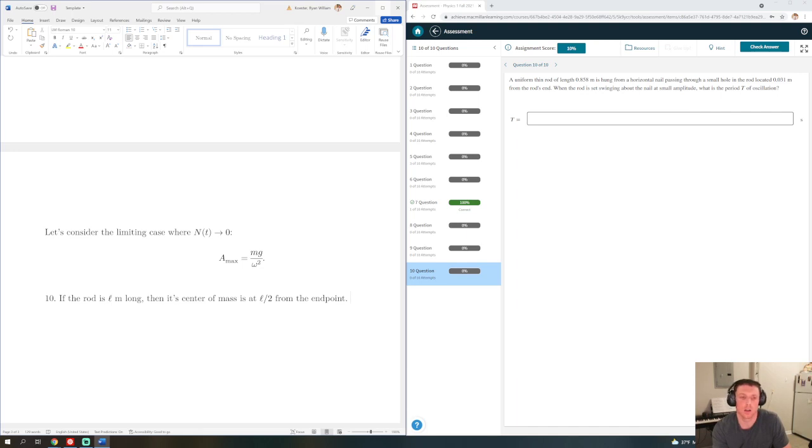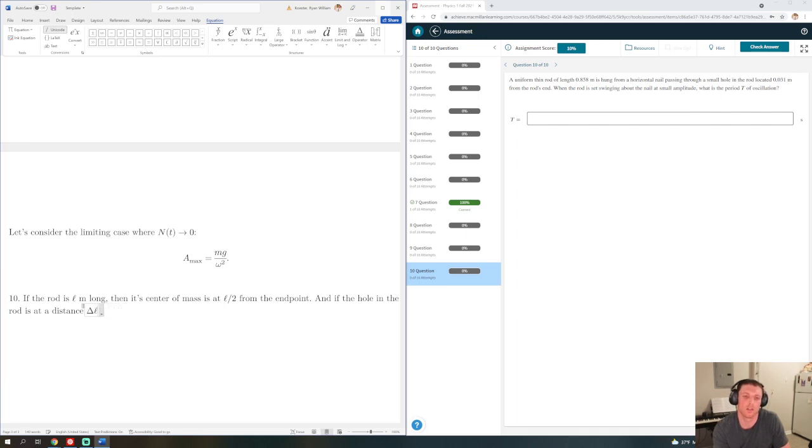We'll say, if the hole in the rod is at a distance, call it delta L, from the rod's end, then the parallel axis theorem tells us that the moment of inertia through the axis that we want is given by the moment of inertia of the object about its center of mass plus the mass of the object times the distance between the two axes squared, right? So in this case, it's going to look like this.